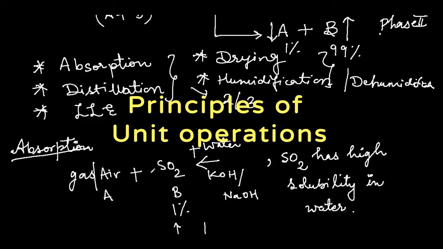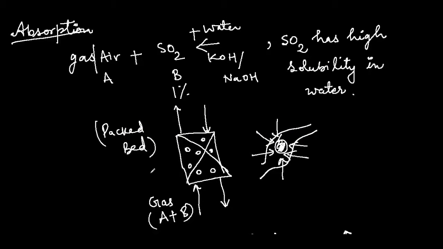So now we will see one by one what is the idea behind each unit operation. First of all, we will see absorption. In absorption, suppose you have a gas. Nowadays you know that the air contains very harmful NOx and SOx gases.